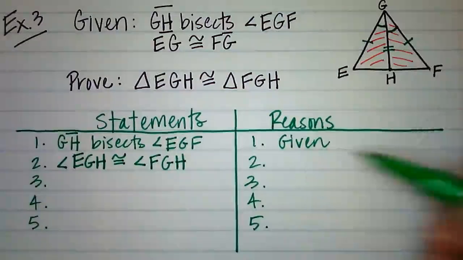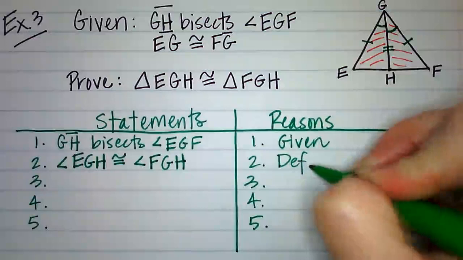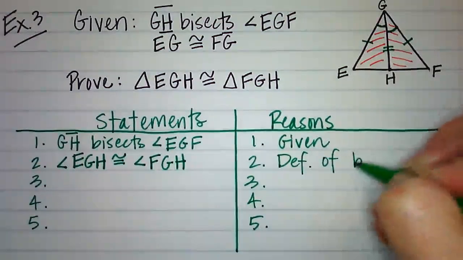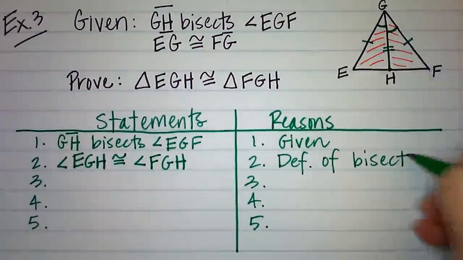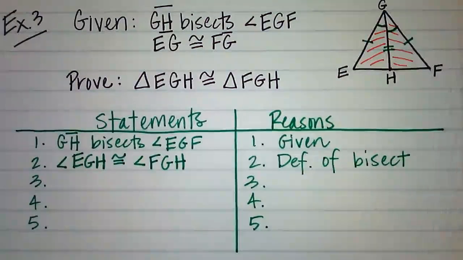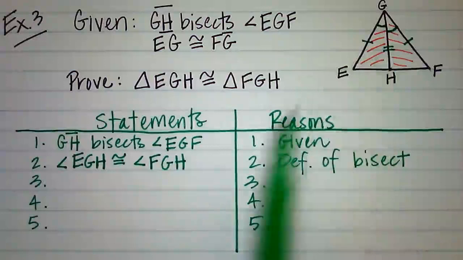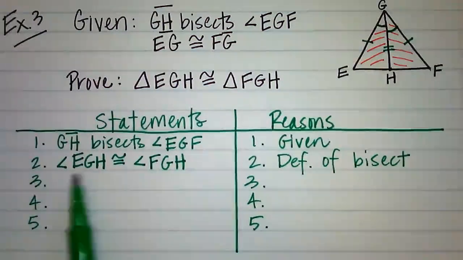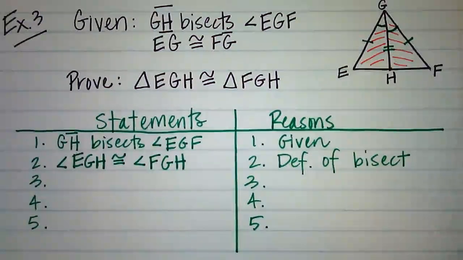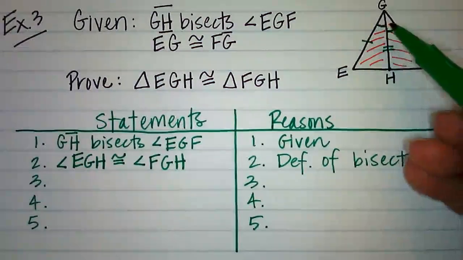Now, the reason is that that is the definition of bisector, or definition of bisect. So if something bisects something else, it cuts it into 2 equal pieces. So when this segment cut this angle in half, it cut it into 2 equal or congruent pieces. Okay, so that gives us our angle up here.